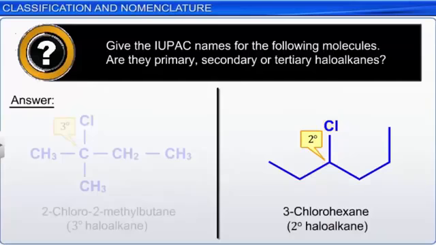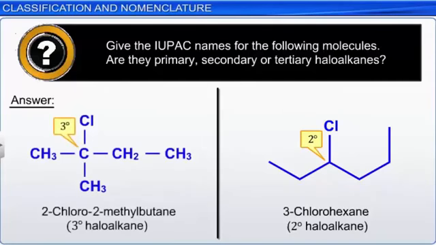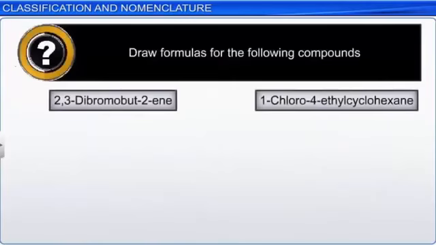Apply your skills in a new way. Draw the formulae for the compounds here. Try these on your own before checking the answers.